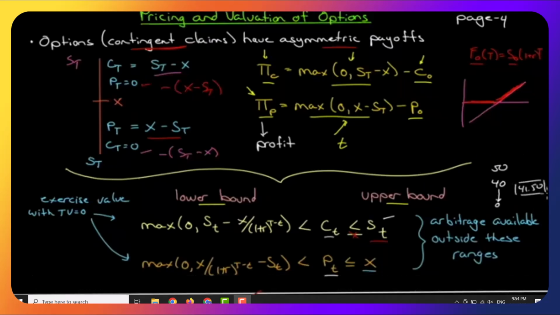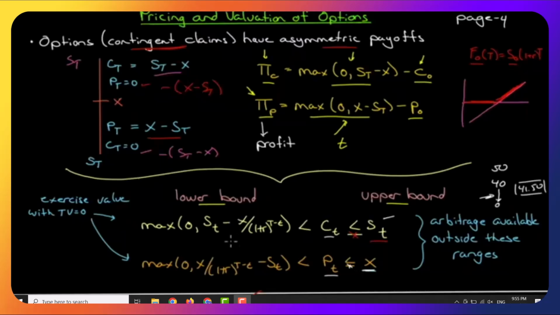Well, you would never pay $41.50 for the potential to make $40, right? So we can say that the upper value of the put would be X, less than or equal to X. And again, you can get rid of the equal sign, because if they were equal, you would say, why would I spend $40 just for the possibility of making $40? No one would ever do it, so the option would never get bid to that price to begin with.